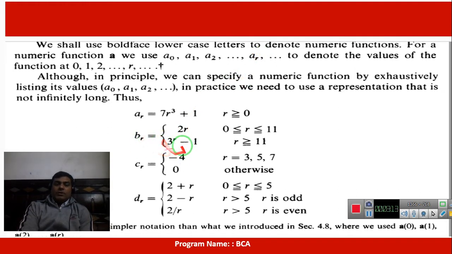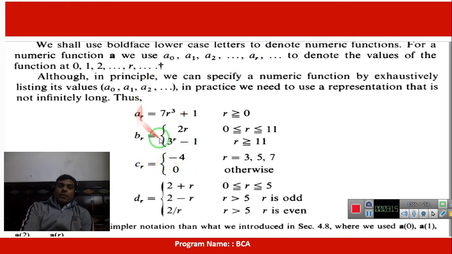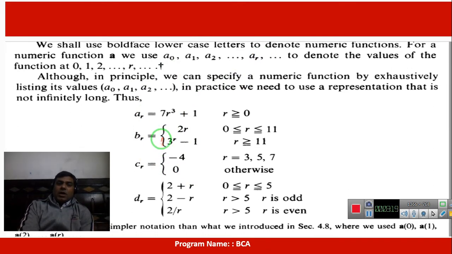If we have the function BR, in the later slides we will discuss how we can write this function. AR, BR, CR, DR, what they are exactly, why we are writing in such a manner, we will discuss in the later slides.